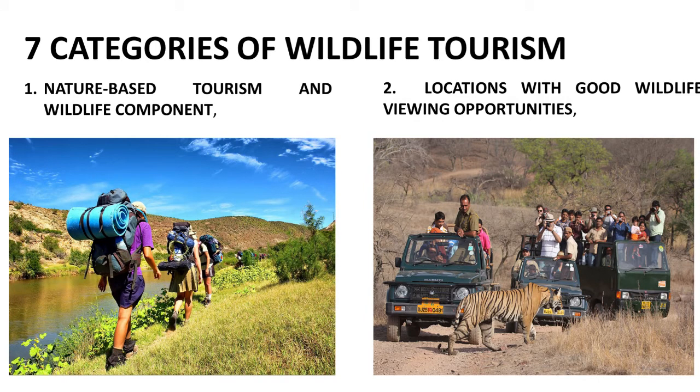Next one is the 7 categories of wildlife tourism. So, ano-ano ba yung iba't ibang klase ng wildlife tourism? Number 1 is the nature-based tourism and wildlife component. So, as you can see in the picture, meron tayong tinatawag na incidental part. Ibig sabihin, yung nature-based tourism, nag-e-exist na talaga siya.